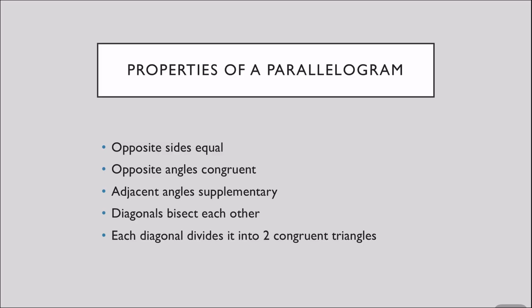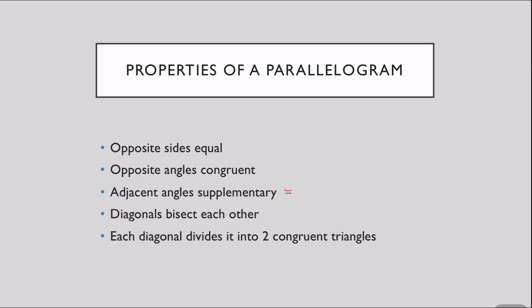When you say opposite sides, it's not those connected by vertices; it's the other side, the one that's parallel. When you talk about its interior angles, the opposite angle on the other side is usually congruent. Okay? And then, adjacent angles should be supplementary, or have a sum of 180 degrees.